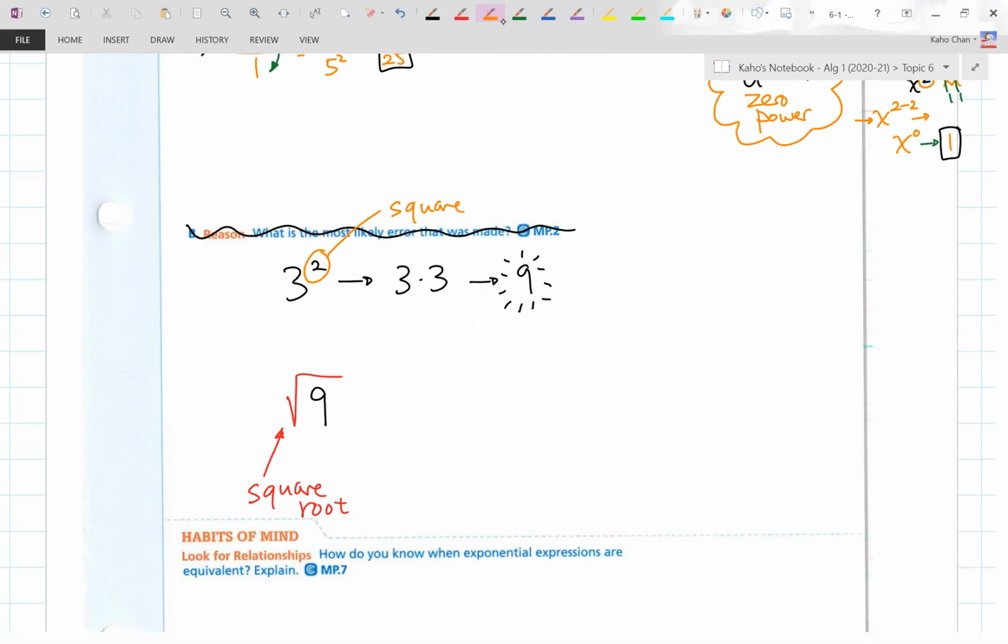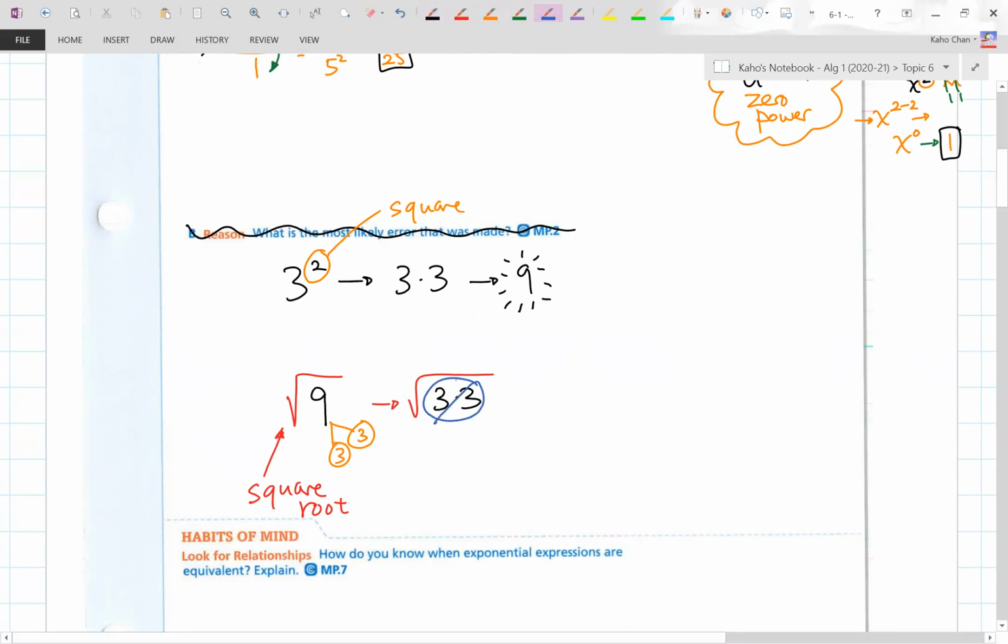So in this case, we would break it down into its prime factors. We know that 9 is 3 times 3, and we're looking for a pair. Hey, there's my pair, yay. That gets to come out of the radical. And that gives me an answer of 3. 3 is the square root of 9. Okay, just a nice little review of how they are inverse operations of each other, square and square root.